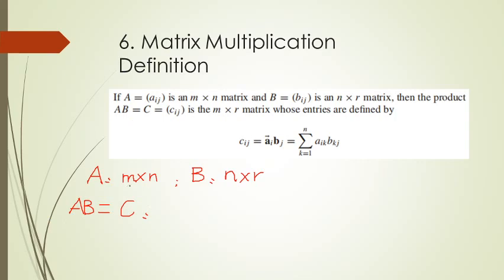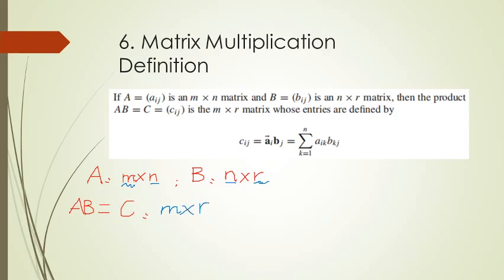So A times B, you will notice that this is N, this is N, right? The number of columns in matrix A is N. The number of rows in matrix B is the same N. So the format for matrix C will be M times R, which means the matrix C will have M rows and R columns.